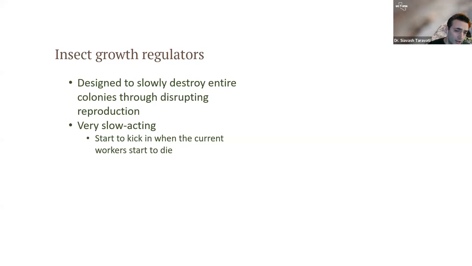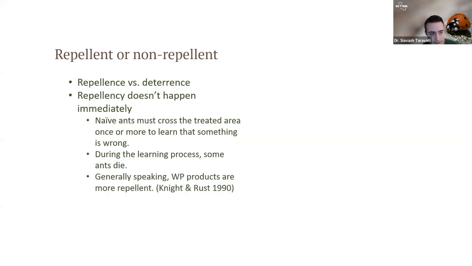Insect growth regulators are designed to slowly destroy the entire colony by disrupting reproduction, either reducing egg production or disrupting molting, right? They usually start kicking in when the next generation of adults gets affected, because they can't develop into normal adults.